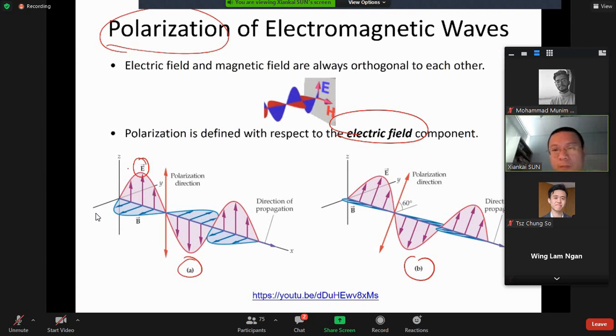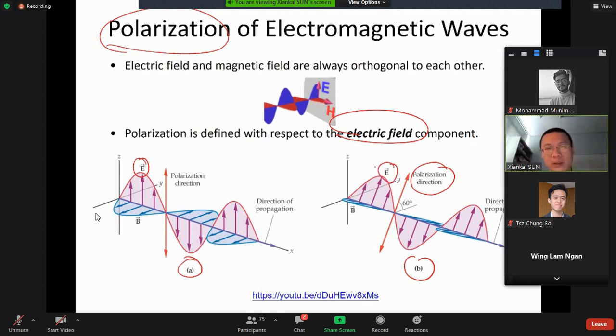And on the right hand side, the polarization direction is making an angle of 60 degrees with respect to the y direction, because E oscillates along that direction.